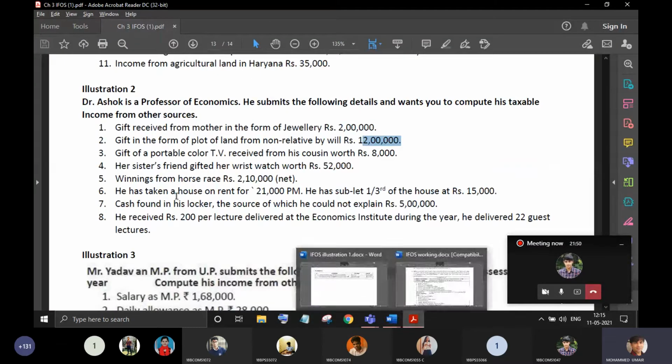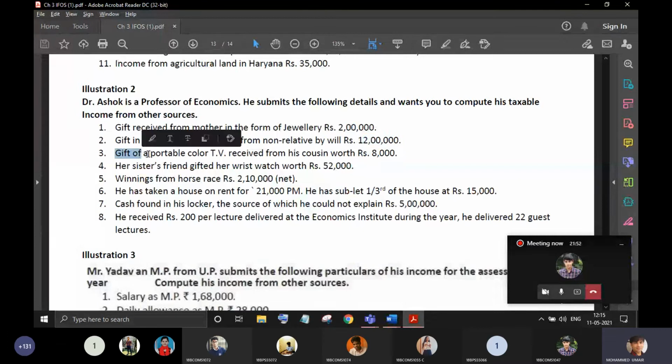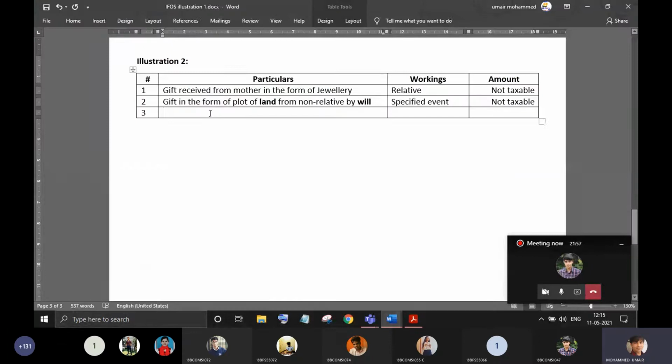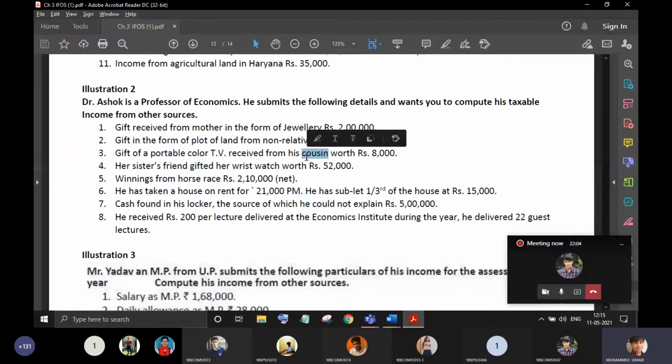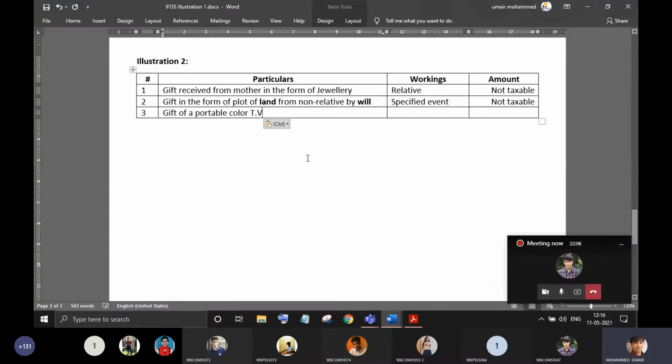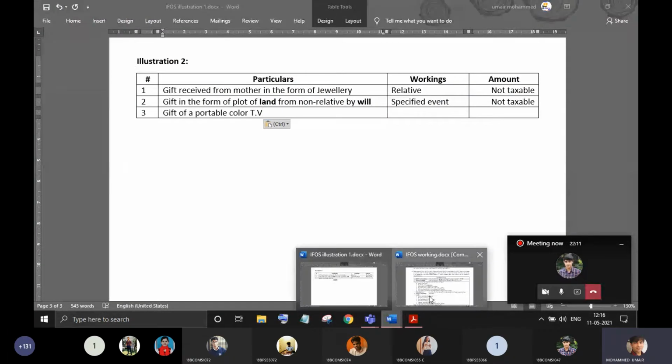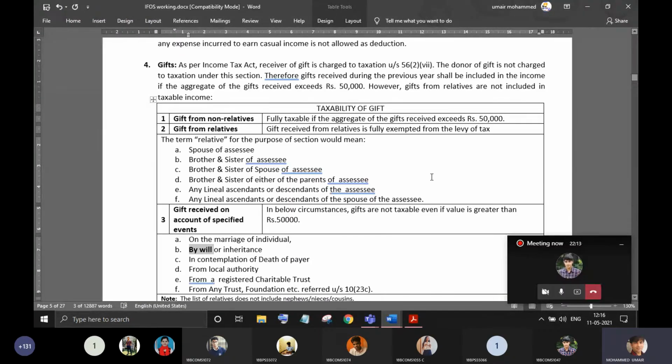Let's go with the third transaction now. Gift in the form of a portable TV is received from a cousin. Is a cousin a relative or not? The answer is that cousin doesn't fit under the definition of relative. Cousin here refers to your mother's siblings' children or your father's siblings' children.